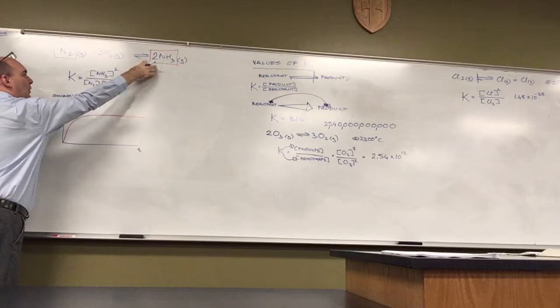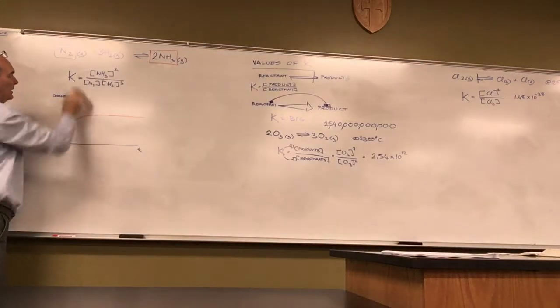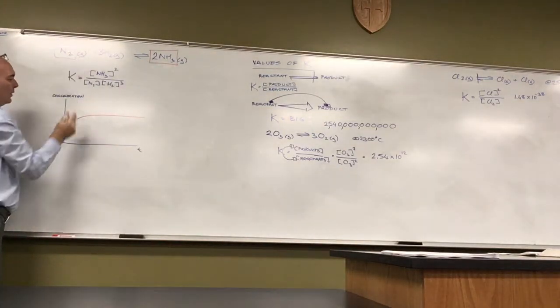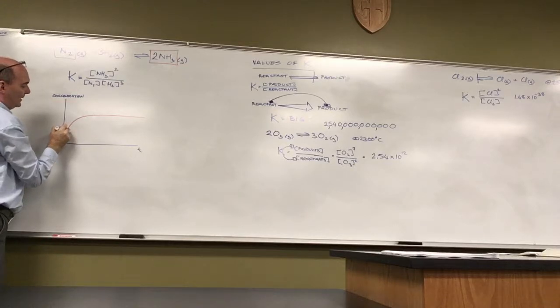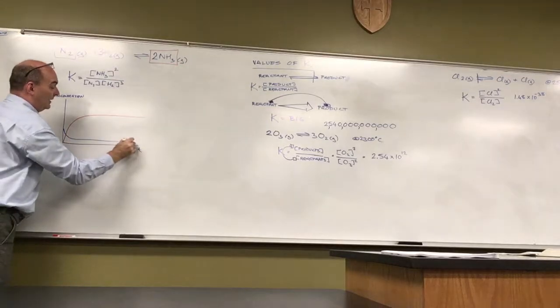We're going to make 2 moles of ammonia, and we're going to consume 1 mole of nitrogen to do it. So the nitrogen is going to start somewhere here, assuming this doesn't go all the way out to 2, and then it's going to drop off rapidly and go flat.